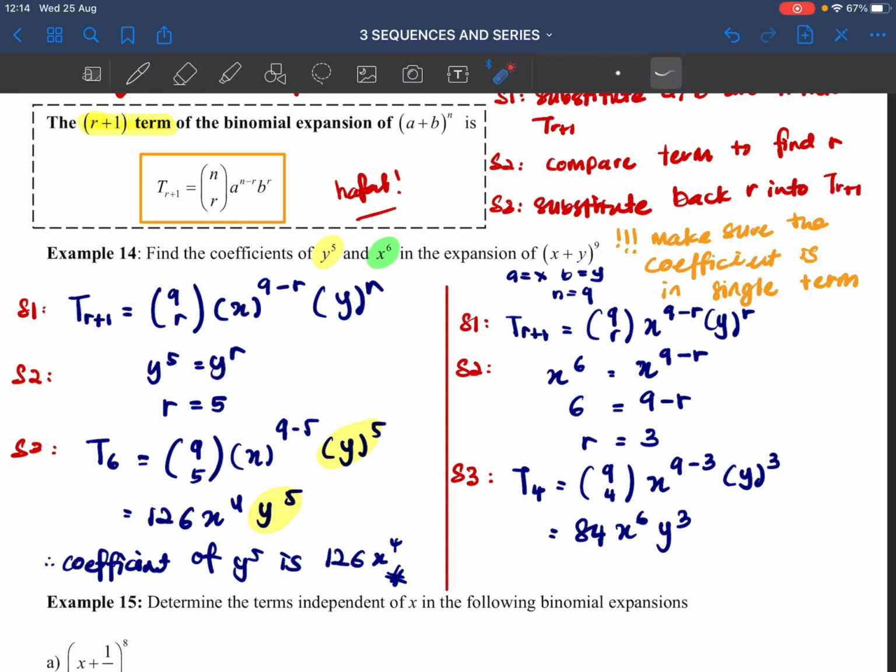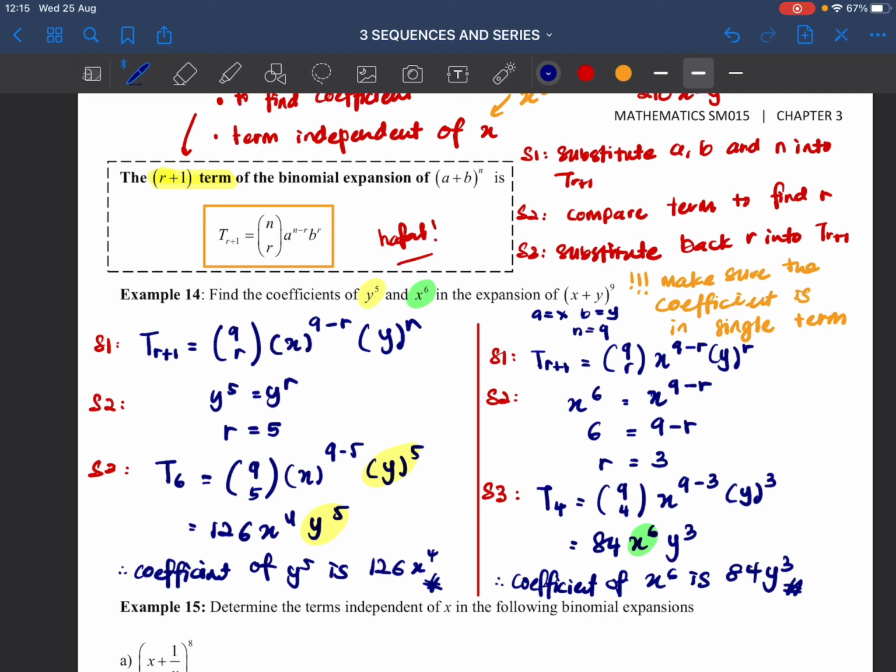Since the question said find the coefficient of x^6, so x^6 we cover up, so the rest that is left is the coefficient of x^6. Coefficient of x^6 is 126 y cubed.